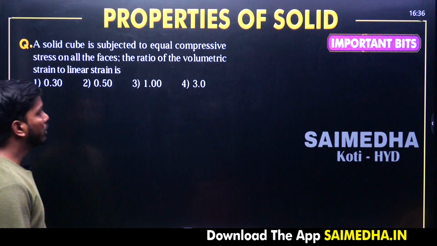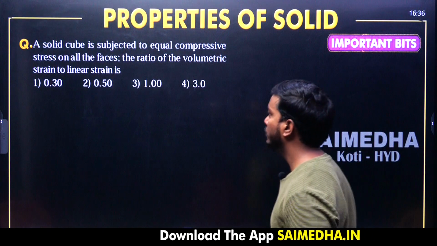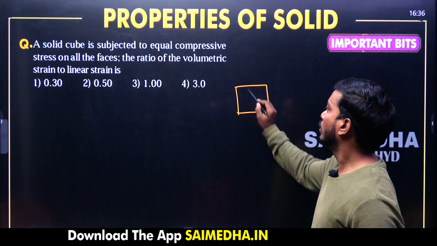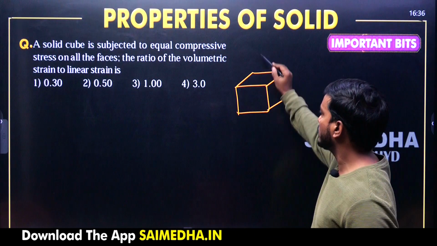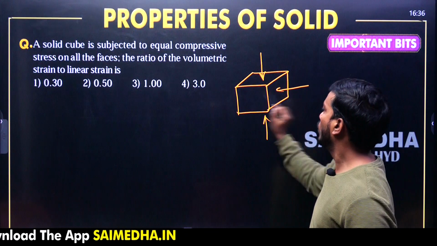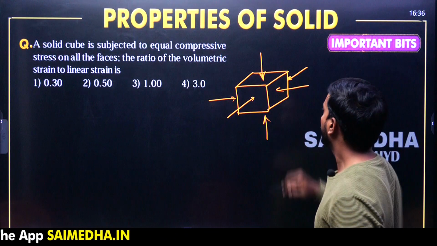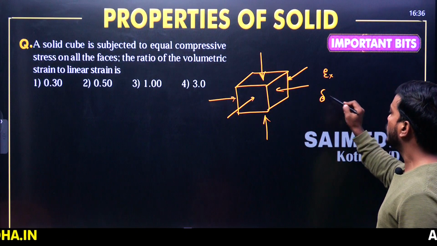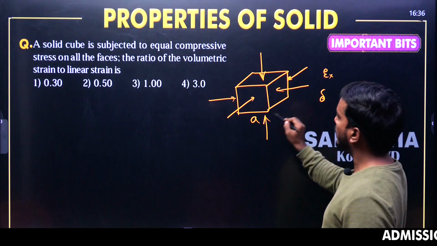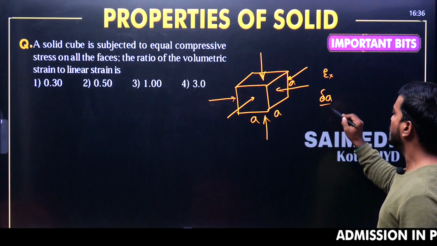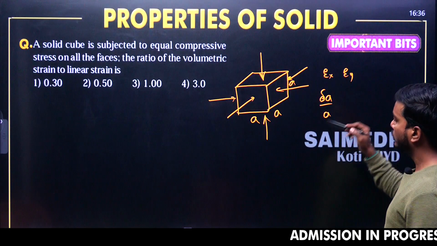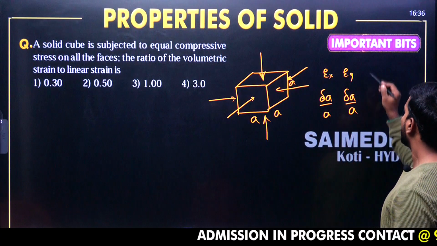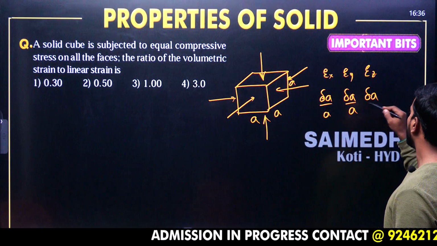A solid cube is subjected to equal compressive stress on all the faces. Find the ratio of the volumetric strain to linear strain. A cube has all sides the same, A. So the strain in the x direction is change in A by original A. The Y direction strain is change in A by original A. The Z direction strain is change in side by original side.